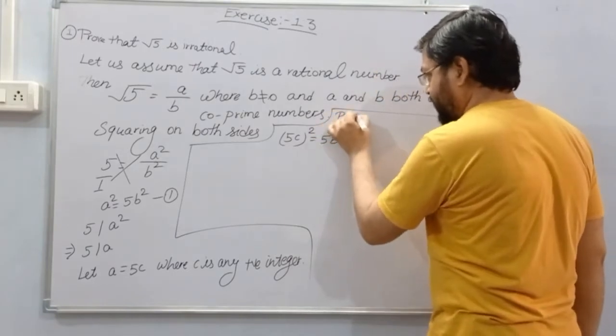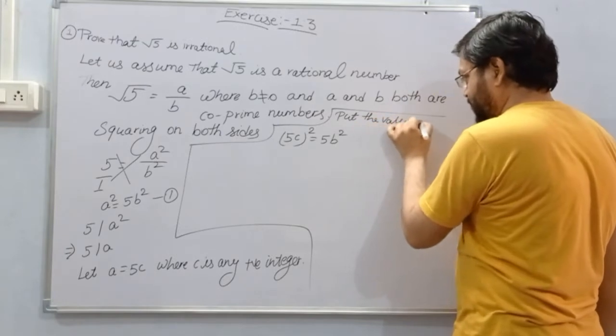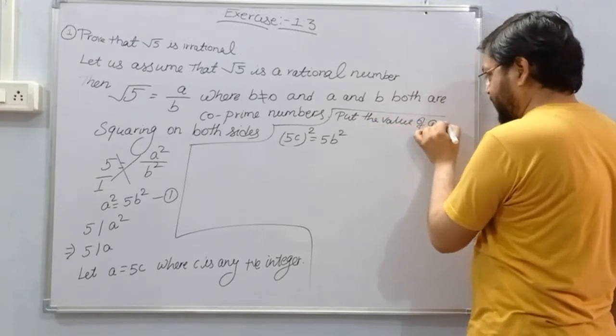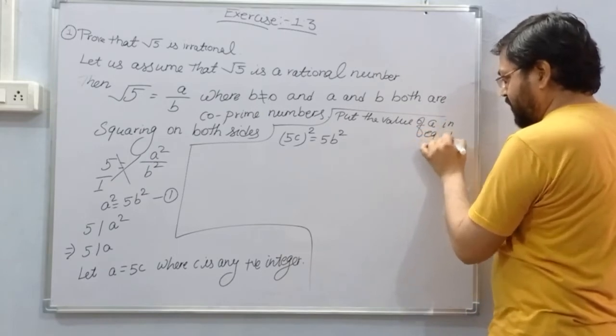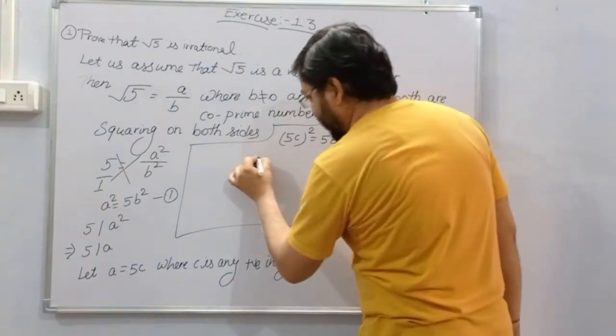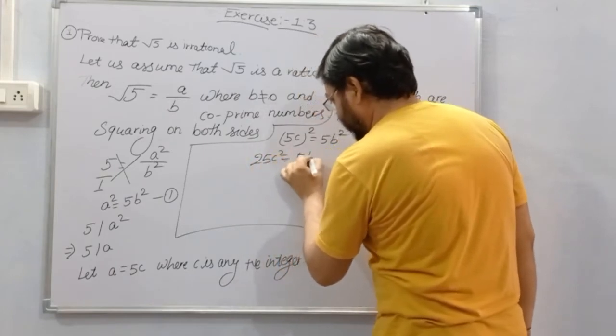Put the value of a in equation 1. What you will get? (5c) square is equal to 5b square.